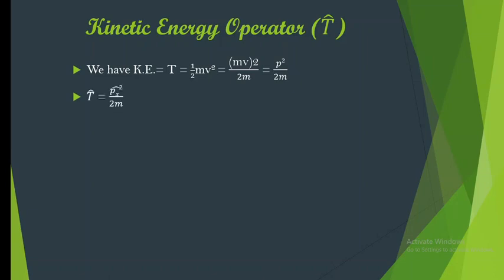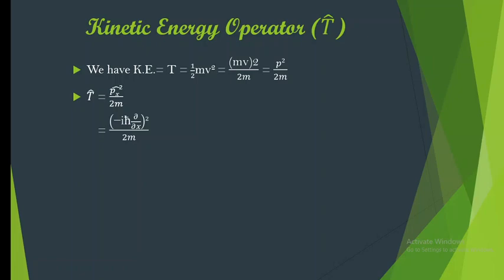Already we have studied the momentum operator, so easily we can derive the kinetic energy operator. So T cap, which is the kinetic energy operator, if you consider only the x direction, is nothing but px cap whole square divided by 2m. Substituting the value of px, which is minus i h cross dou by dou x, whole square divided by 2m.